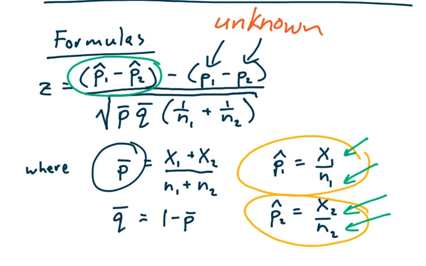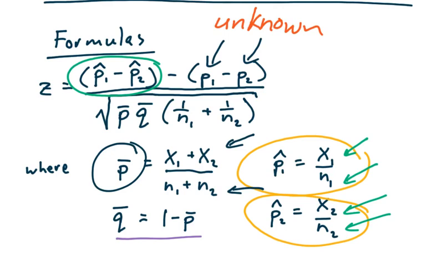So basically, you just have to remember, add up your total successes from both samples, add up the total number from both samples, and compute that proportion. Then Q bar, of course, is just going to be 1 minus P bar. Right, so that's kind of a lot. But thankfully, at least it's not as much as last section. So at least there's that.